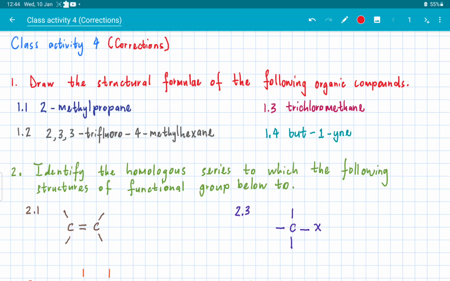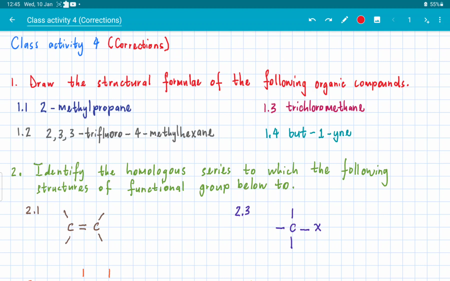So here in 1.1 we have an alkane. How do I know that it's an alkane? Because we have propane, and there's no halogen here. There's only an alkyl group. So this is an alkane.